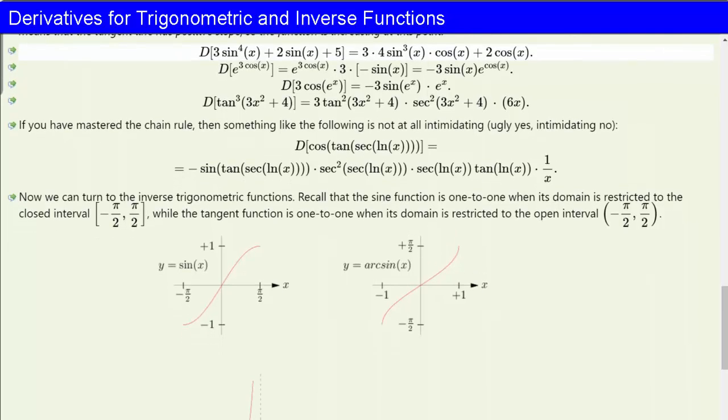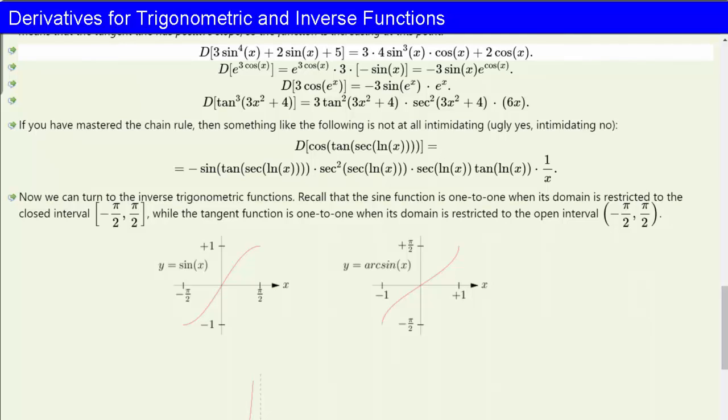Second example, the derivative of 3 sine to the fourth of x plus 2 sine of x plus 5. Well, the derivative of a sum is the sum of the derivatives, so we just differentiate each term in turn. The first term, 3 sine to the fourth, tells us to differentiate the fourth power function first. Bring down the power, take the sine function to the next lower power, and you're done. Well, not quite.